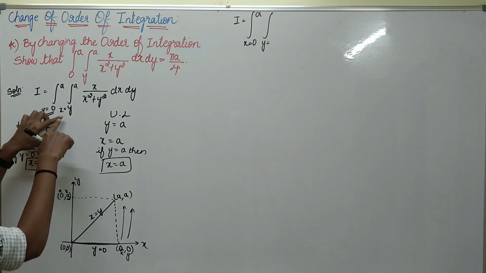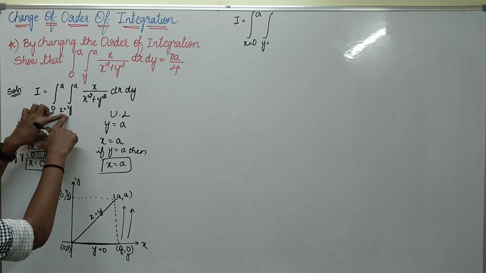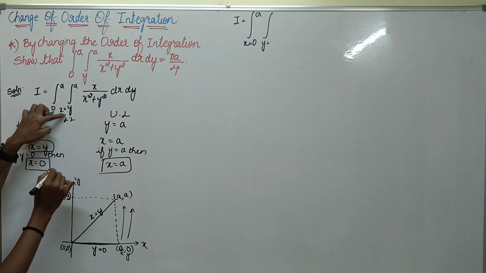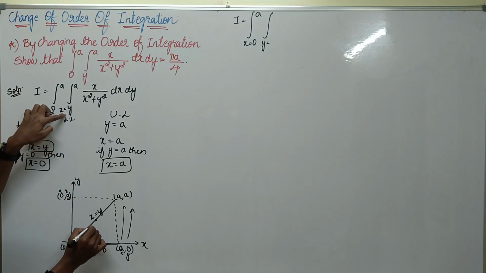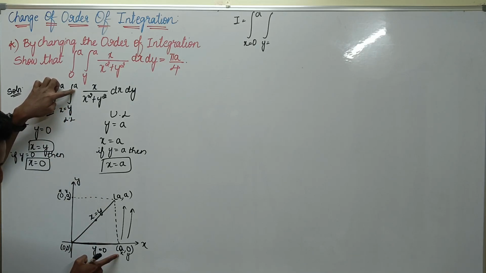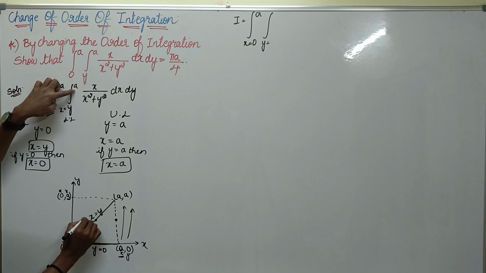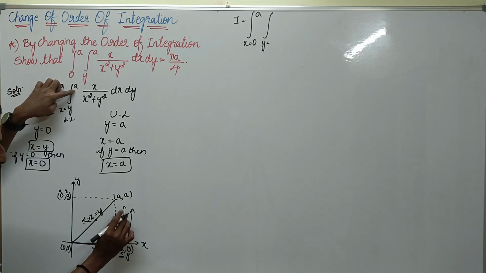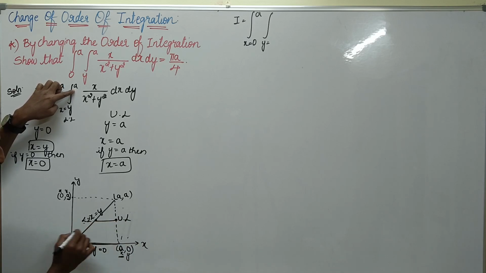Now, looking into this, first check this limit point. This is our lower limit, and a with respect to x equal to y, this is our upper limit.